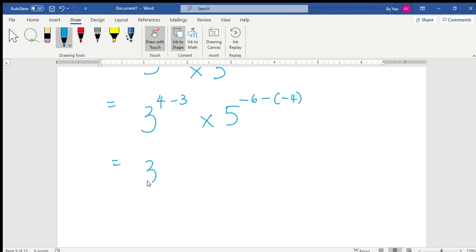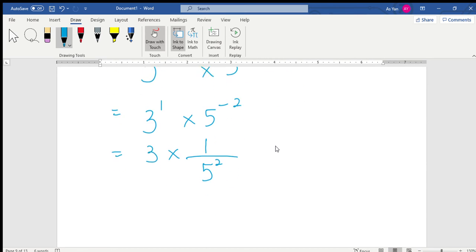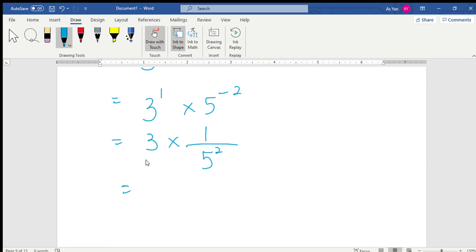So 3 to the power of 1 times 5 to the power of negative 6 plus 4 is negative 2. So 3 to the power of 1 is 3 times, don't forget this is negative index form, we change to positive index form, 1 over 5 squared. Finally, 3 times 1, 3 over 5 squared is 25.